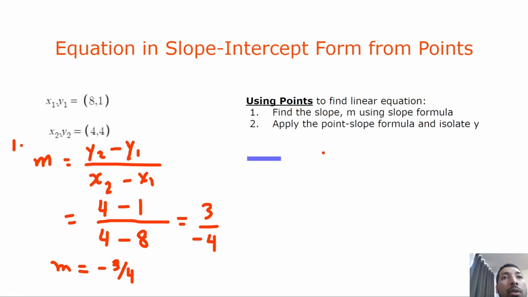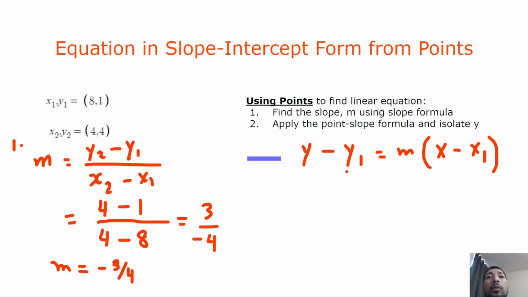Now this point slope formula looks like this: y minus y1 equals m, open parenthesis, x minus x1, close parenthesis. So we'll plug any point for this x1 and y1. You can either plug this point or this point for this x1 and y1.